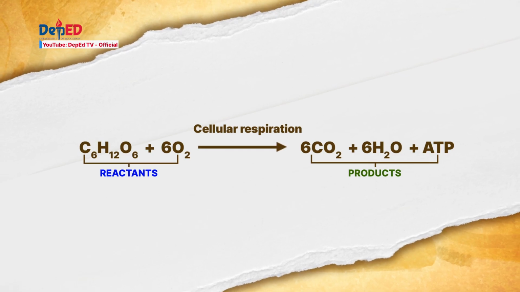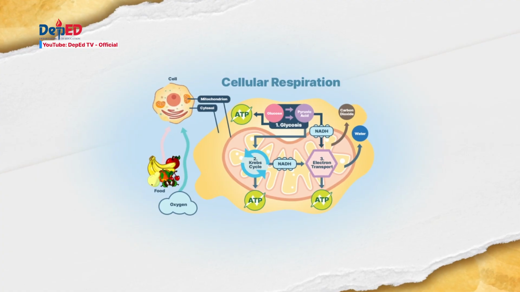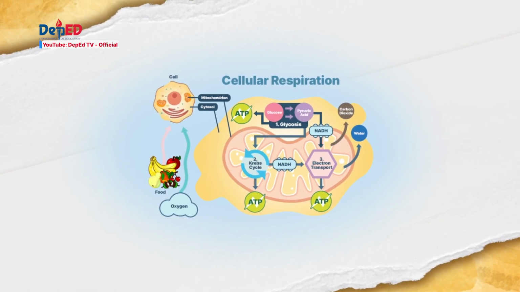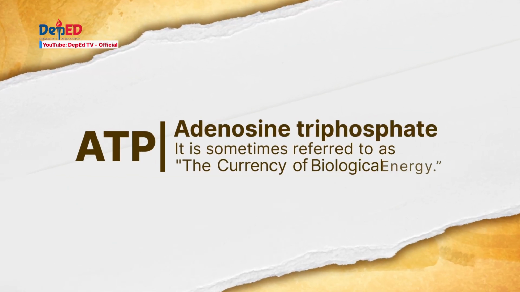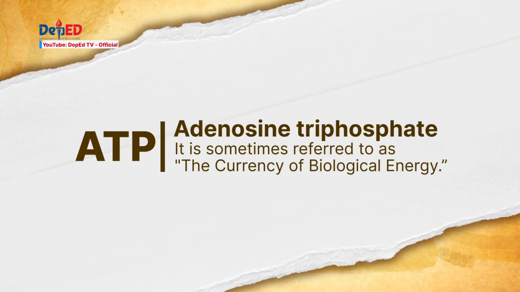Now, do you think we can use it already? Not yet. Our body still has to turn it into a more specific form of stored energy, and we call it ATP or adenosine triphosphate. It is sometimes referred to as the currency of biological energy.